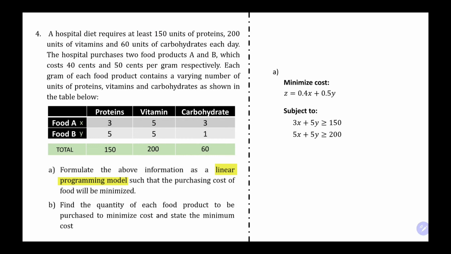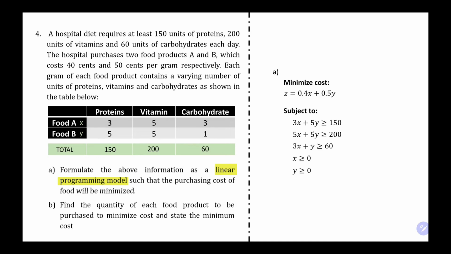Next, we have 5x plus 5y greater than or equal to 200. And last, we have 3x plus y greater than or equal to 60. Then we put x greater than or equal to 0, y greater than or equal to 0.